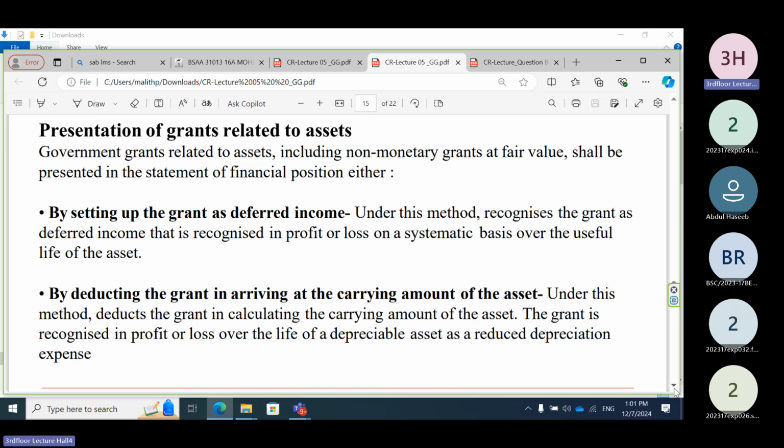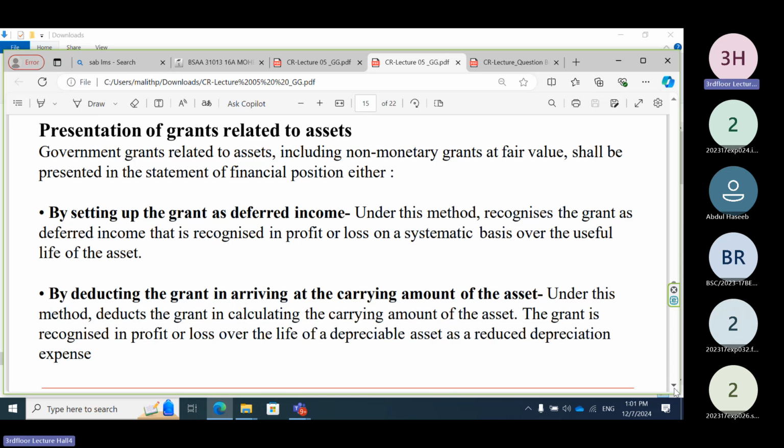Setting up a grant as deferred income means the way we have discussed: we recognize the grant as a deferred income account. It's a kind of liability account, right?